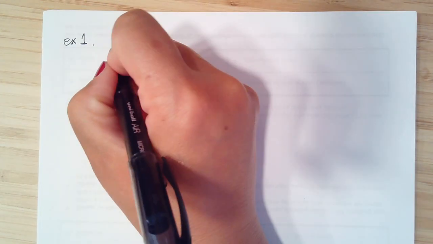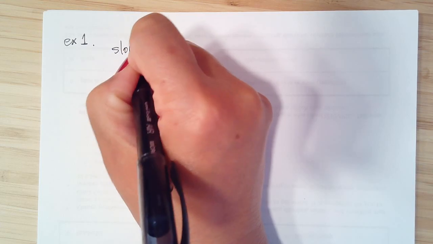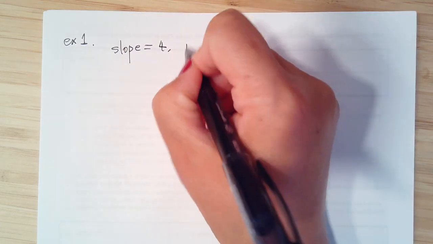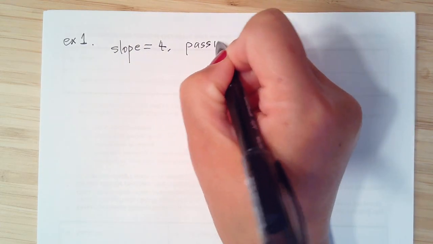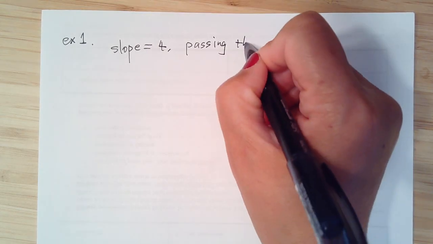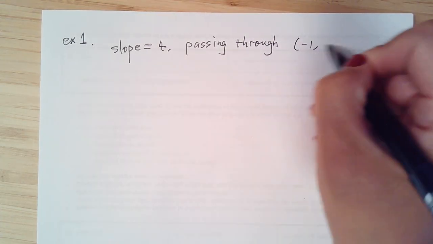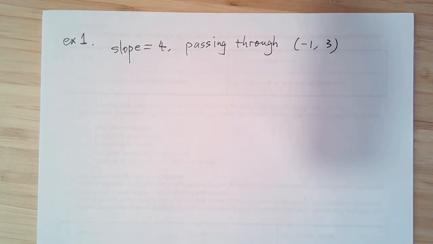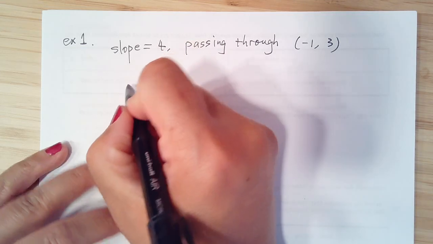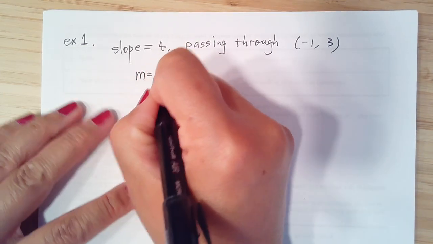I give you slope equals 4, and it's passing through -1, 3. So you know that once you have a point and a slope, that line is fixed. So which means m is 4, okay?